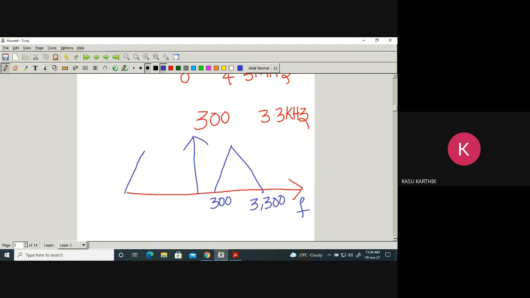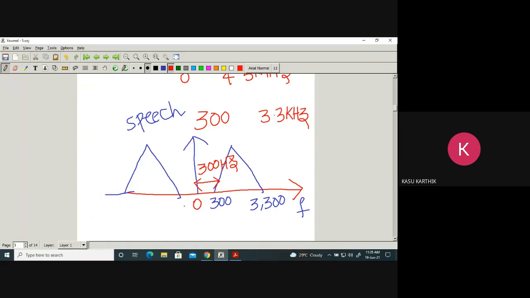Same thing on this side also. This is voice or speech. How much gap is there from the origin? We have a gap of around 300 hertz. Is it okay? This is the origin.